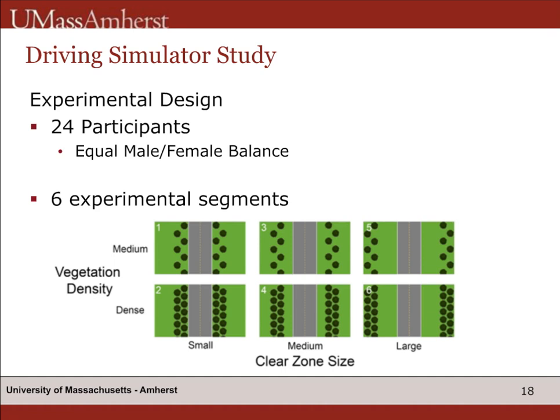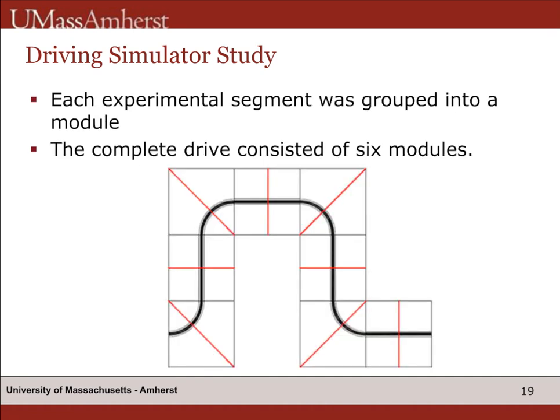For each of these 6 segments, they were comprised into a module, and within that module we analyzed the participants' speed and lateral position at 8 different locations, and this allowed for easy comparisons. In our simulator, speed and lateral positions are captured continuously, maybe 30 times a second.